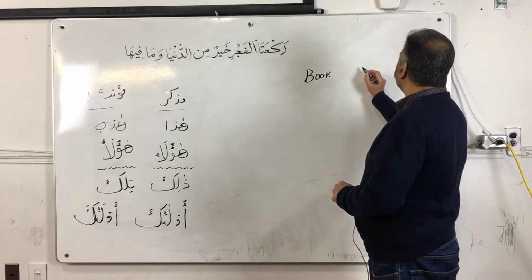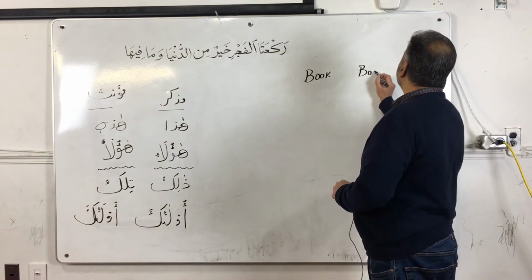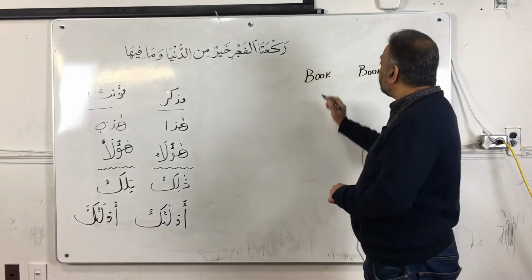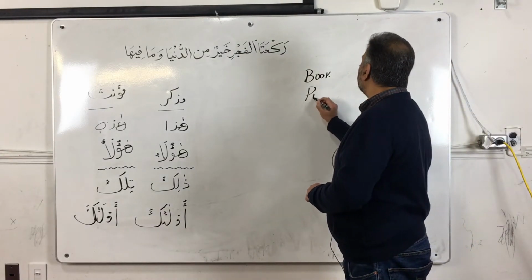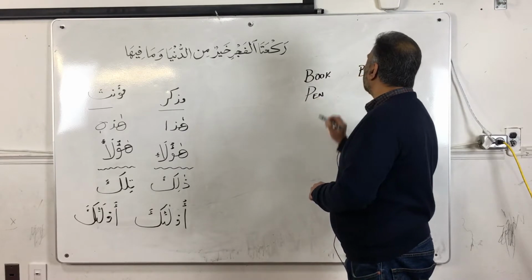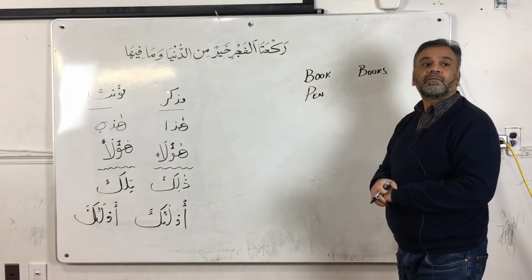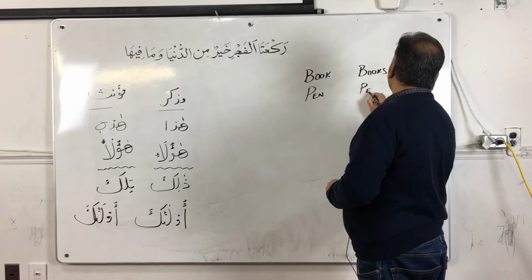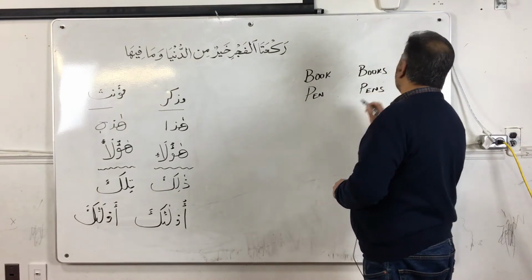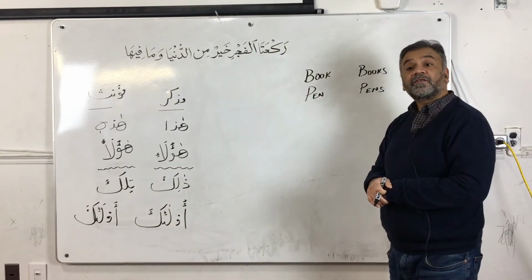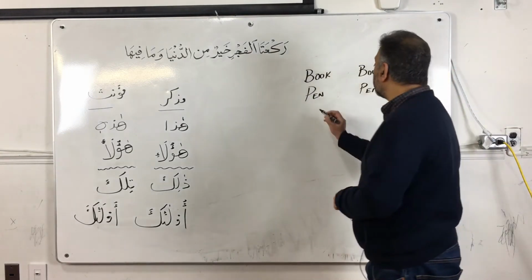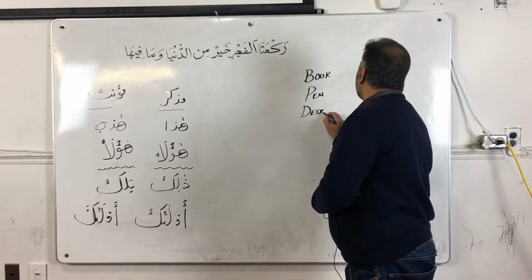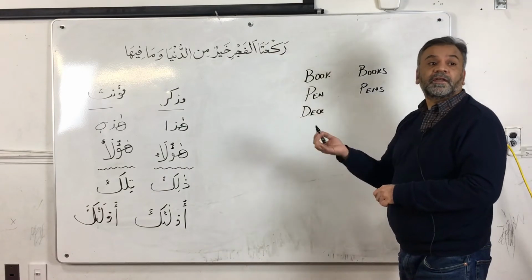Books. Right? If I say pen, what would be the plural of pen? Pens. If I say desk, what would be the plural? Desks.